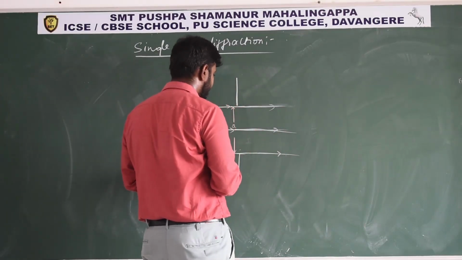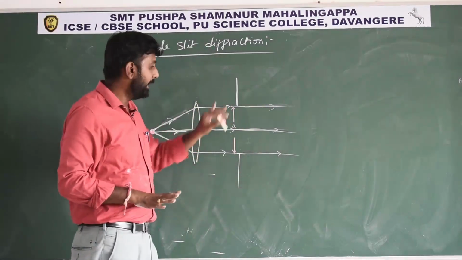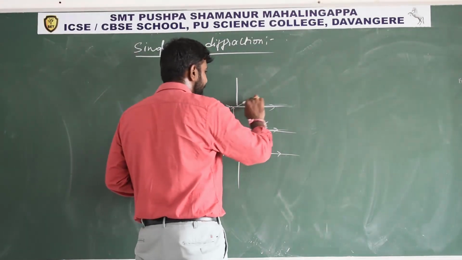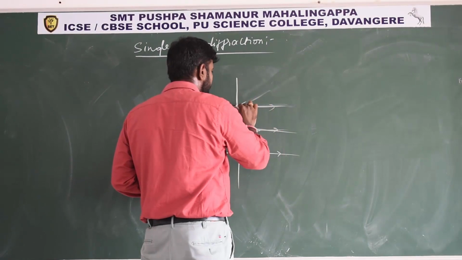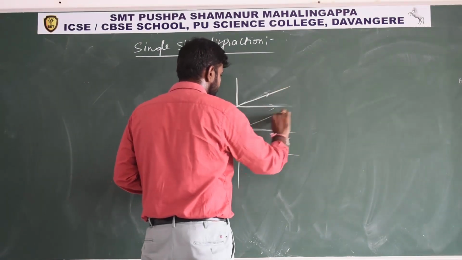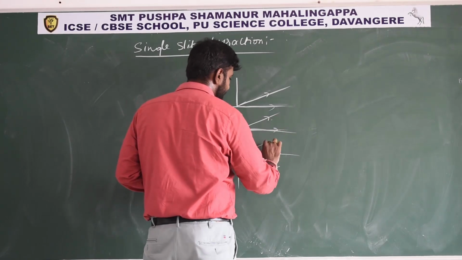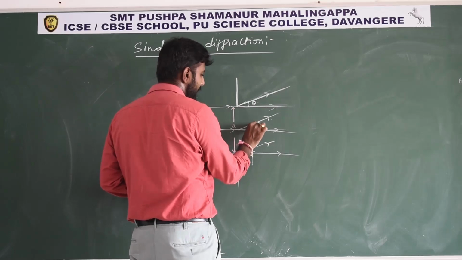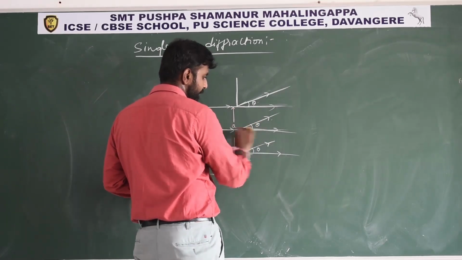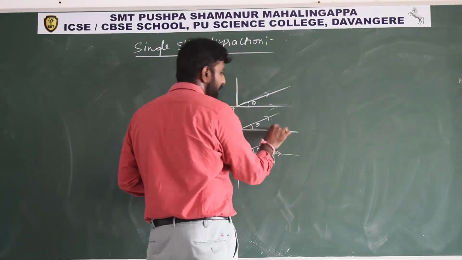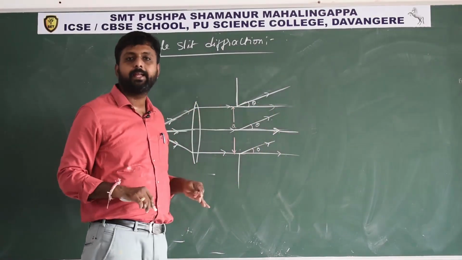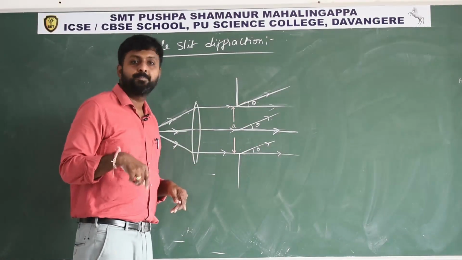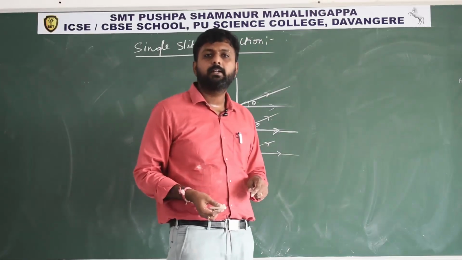This is one set of light rays, or let us take one beam of light rays, and I will consider another beam of light rays also. This is the second beam of light rays. This second beam of light rays is making an angle theta with the x-axis, and this theta is called the angle of diffraction or diffracting angle.